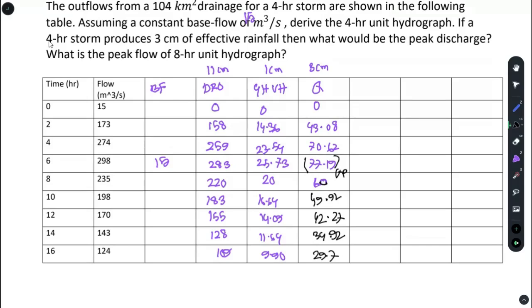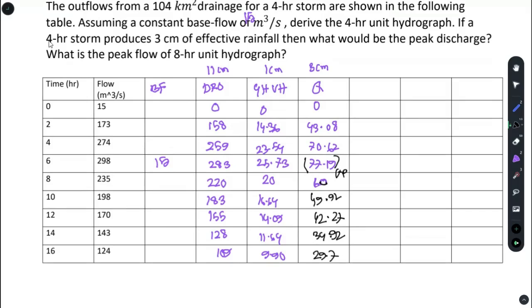So to get the 8 hour unit hydrograph, what we will do is lag the 4 hour unit hydrograph by 4 hour, and then we will sum that and divide it by 2. What do you mean?